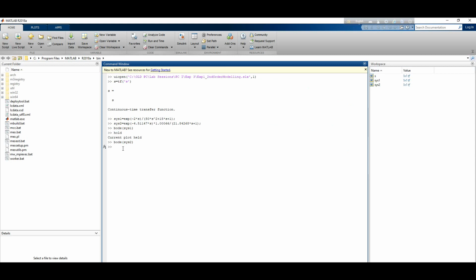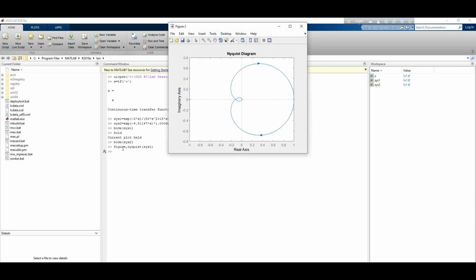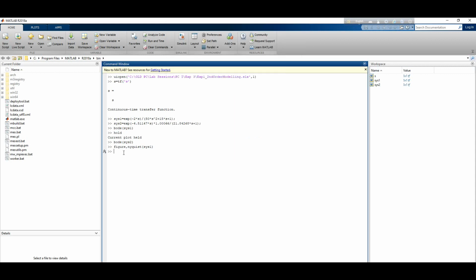So write figure, comma, Nyquist for system 1, which is the Nyquist plot for system 1, and after that hold on, then Nyquist for system 2, right?